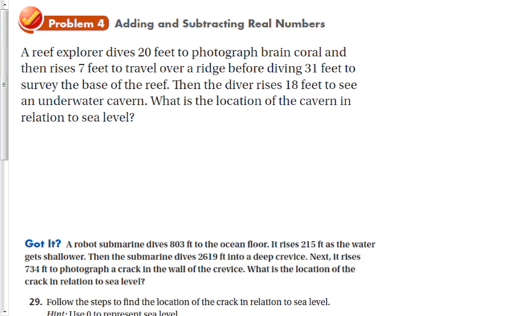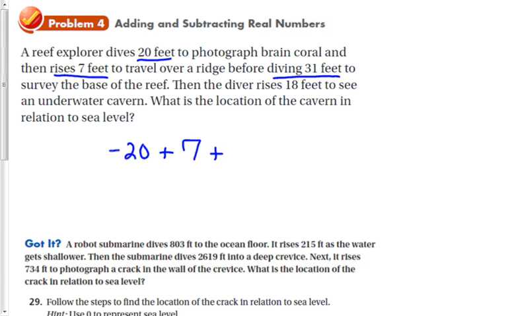Let's represent all these numbers as either positive or negative, depending on what's going on. Diving 20 feet from the surface, we could start by putting a negative 20 to that. Then the diver rises 7 feet, so let's put plus positive 7 there. Then the diver travels over a ridge before diving 31 feet.